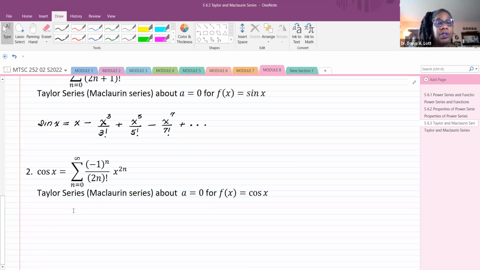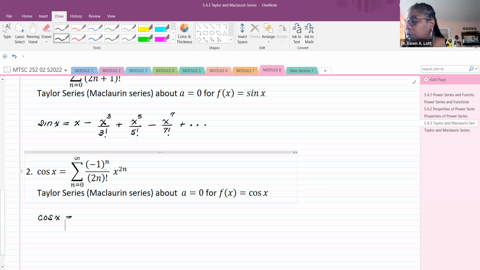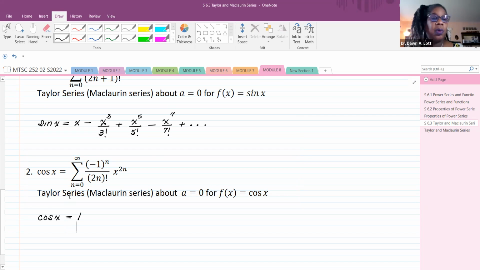This is the Taylor series for the cosine of x. So again, I let n be 0. I'm going to get negative 1 to the 0, that's positive, that's just 1. I get 2n factorial, so that's 0 factorial, which is 1, and x to the 0. So I'm going to get 1.